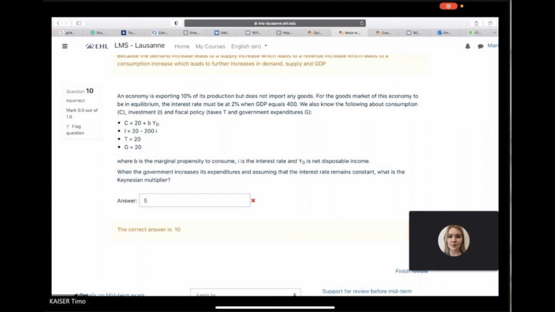We also know the following about consumption, where B is the marginal propensity to consume, I is the investment multiplier, interest 2%.